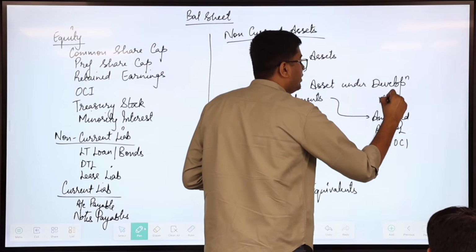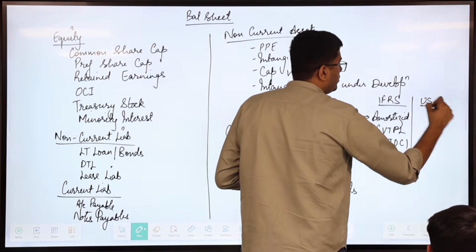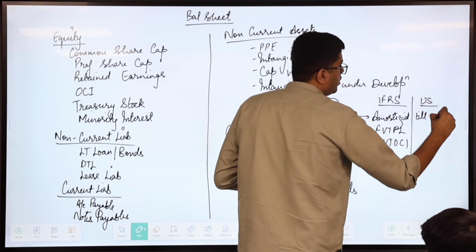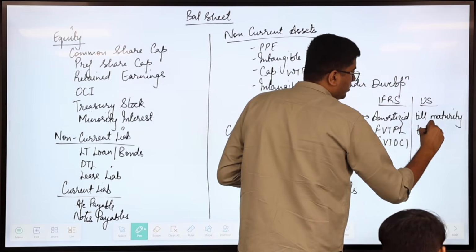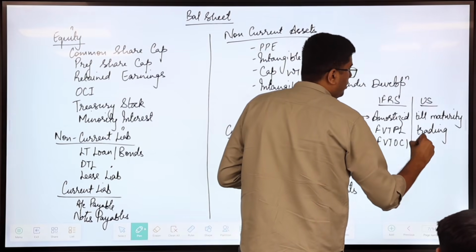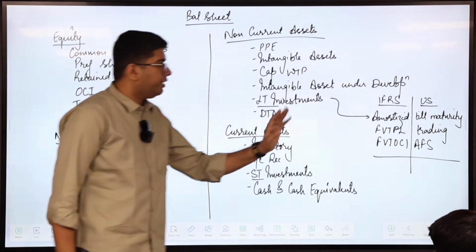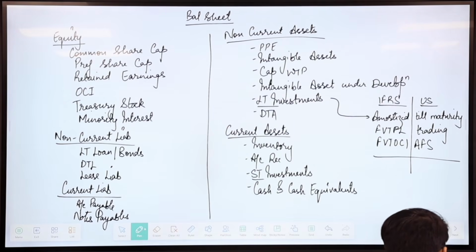These were names as per IFRS, and as per US GAAP, the names were held till maturity, trading, or available for sale. So for these, the IFRS names will also help you remember what the treatment used to be. All right. So for the purpose of revision, that pretty much wraps up our entire discussion of FSA.